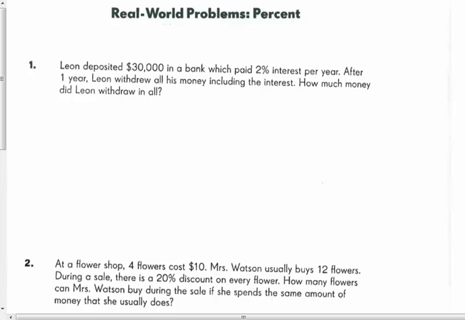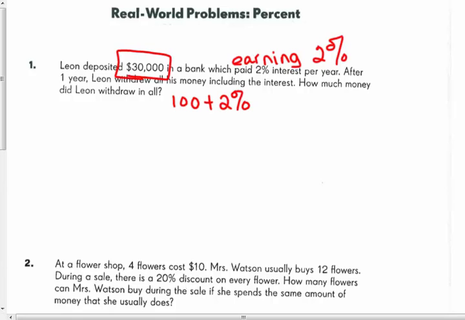So if the bank's paying you interest, you're earning interest. Your money is growing by 2%. So I could use that 2% and add it to the 100%, since Leon's going to get 100% of his $30,000 back, plus another 2% of interest. So his money grew by 102%. I'm going to use that fact.